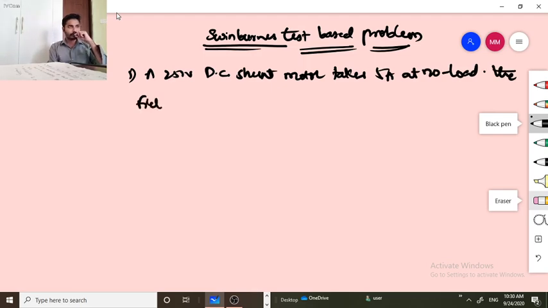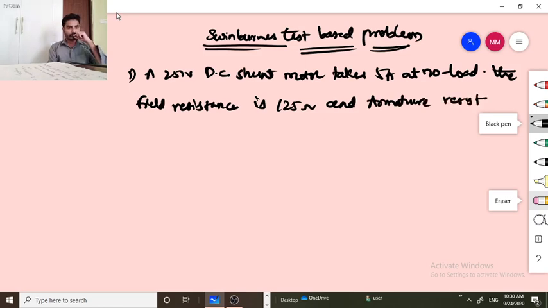The field resistance is 125 ohms, and armature resistance is 0.5 ohms.